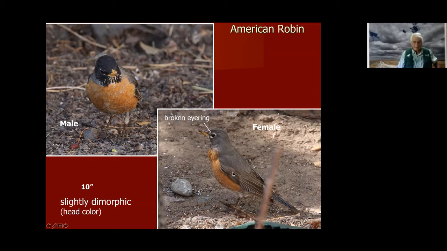The fact that the females look slightly different than the males means that they are what we call dimorphic, slightly dimorphic. Now, if you remember your high school or college days, the prefix di means two. Morphic refers to morphology. Morphology is the appearance or the structure of something. So here we have two structures, two appearances. Just like we humans, we males and females, we can usually tell each other apart.